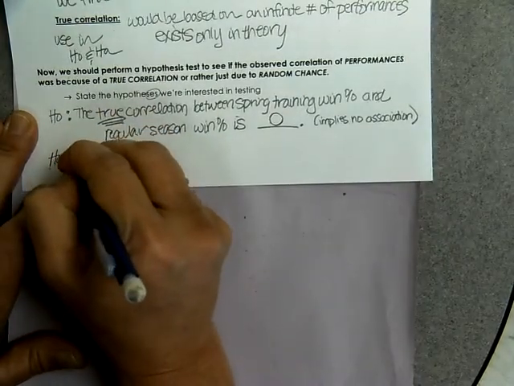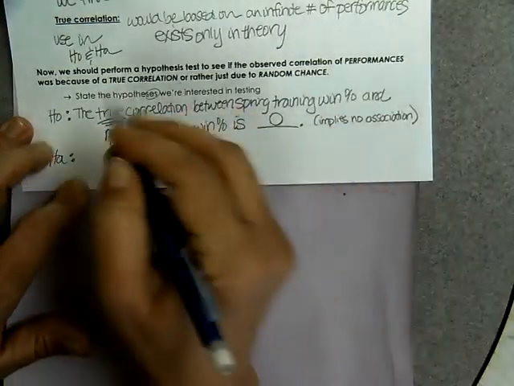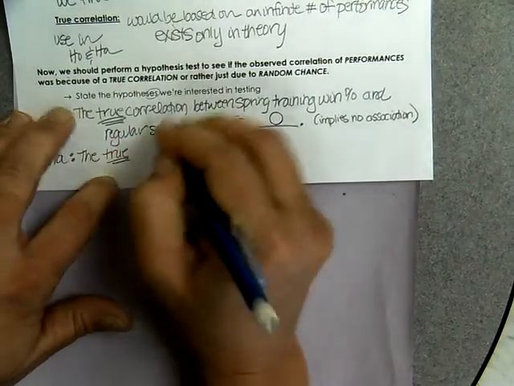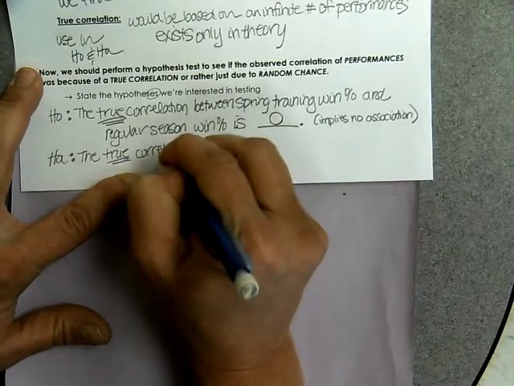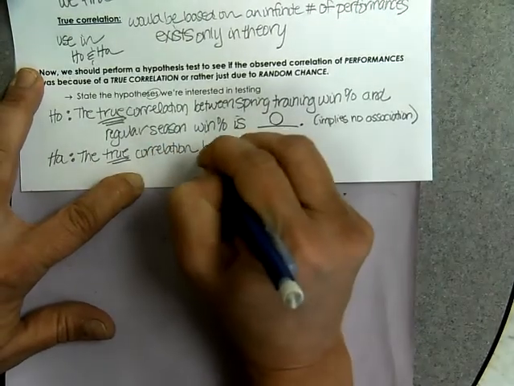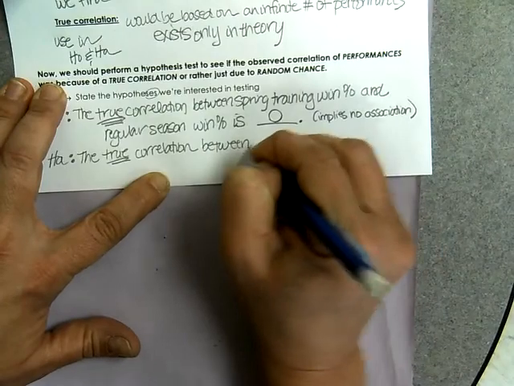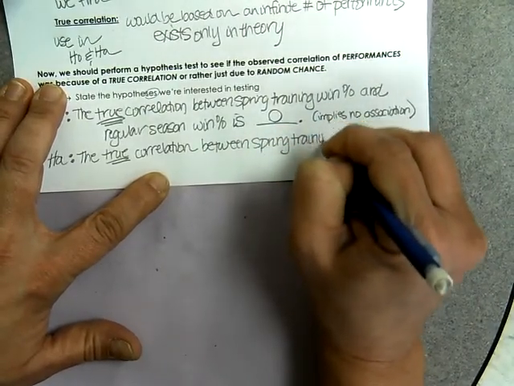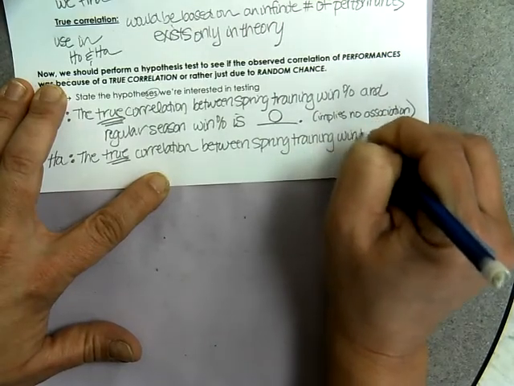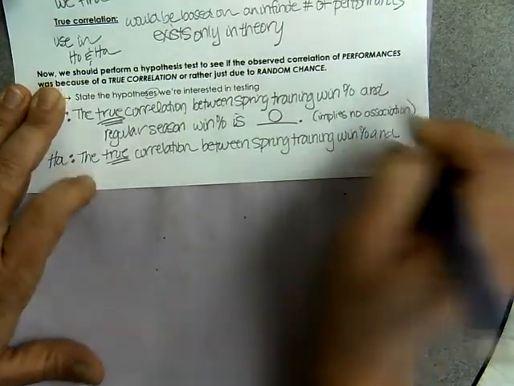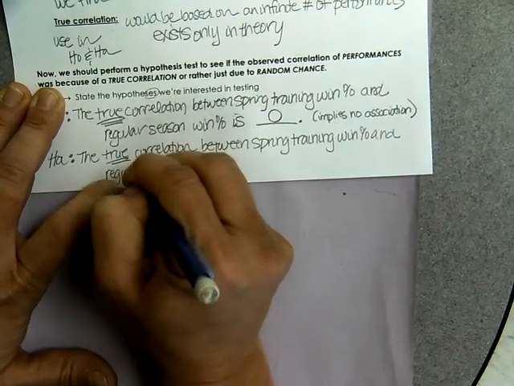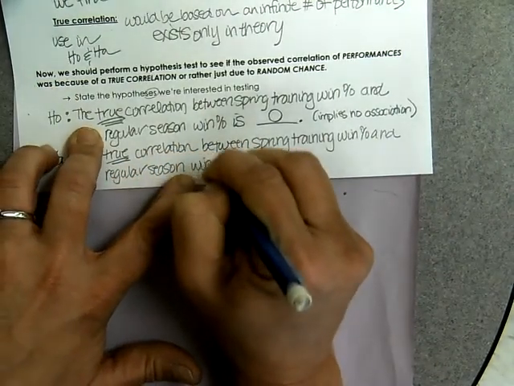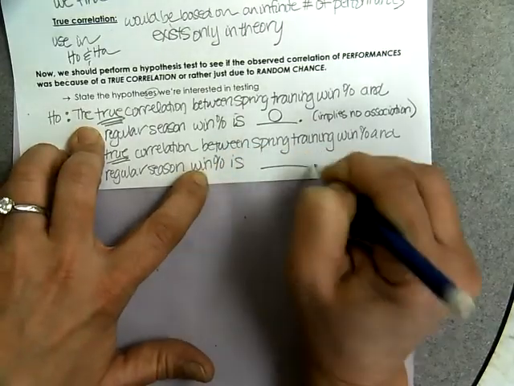Now, the alternate hypothesis, when I first did this, surprised me a little bit. But anyway, we start it the same way. Again, we'll talk about our true correlation between spring training win percentage and regular season win percentage is what?